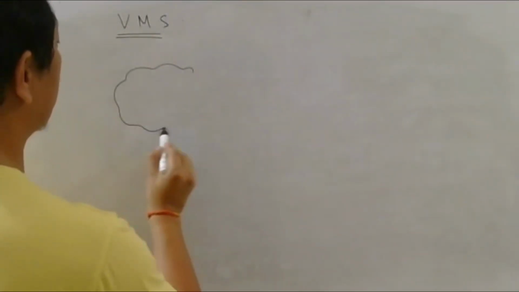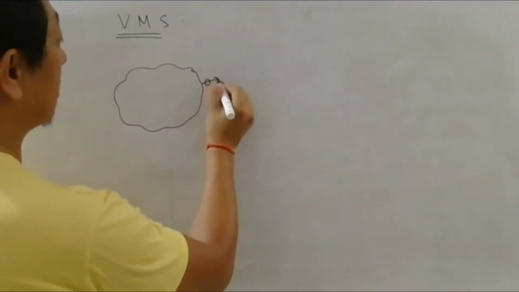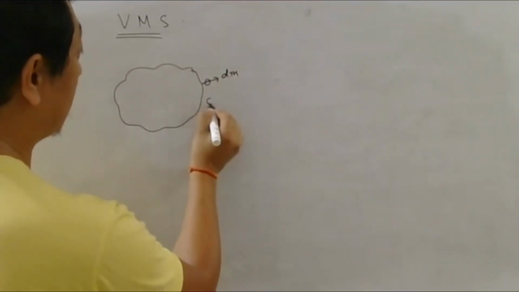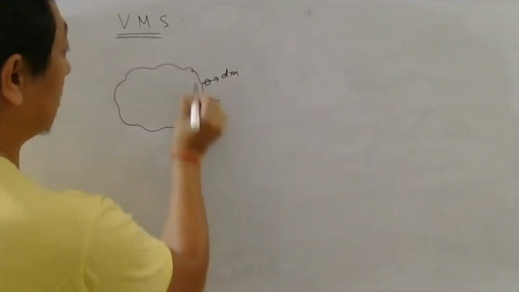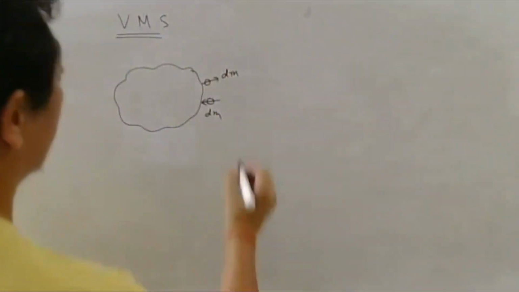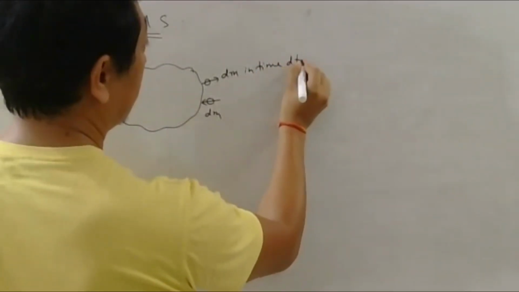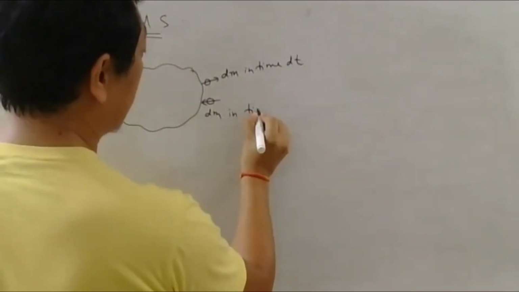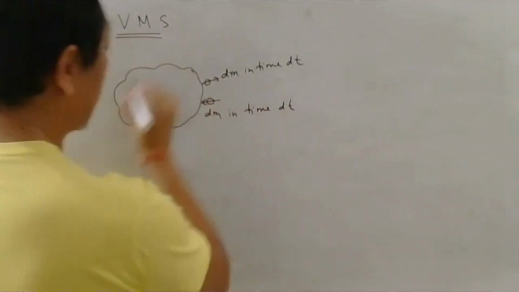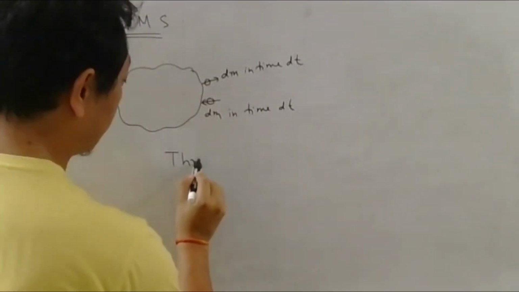Suppose you have a system, and either you throw some mass from your system to outside, or from outside some mass comes into this system. In that case, the system will feel, besides other external forces, a thrust force.